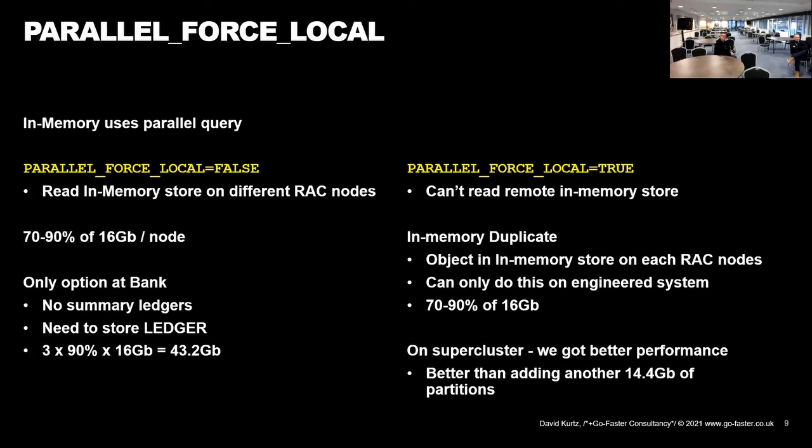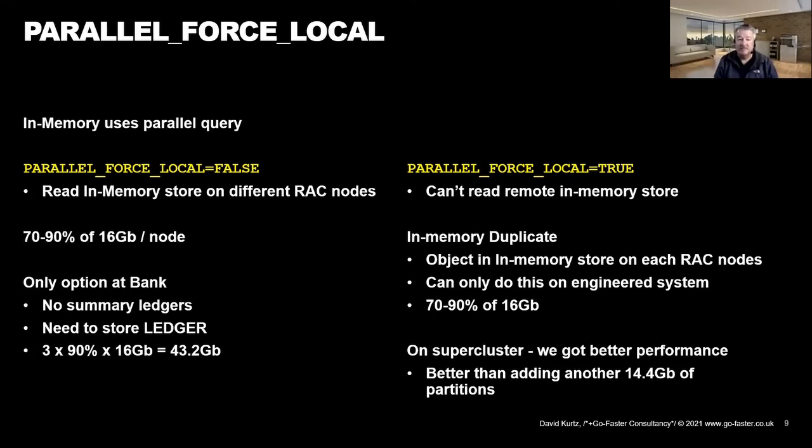At the insurance company, we use parallel force local equals false. We discovered that rather than have 2 in-memory pools, which were different, 16 plus 16, we got better performance by having 1 duplicated pool, and we can duplicate it because it's on SuperCluster. And rather than identify a second 16 gig of segments, we were better off sticking with the first 16 gig, but setting parallel force local.